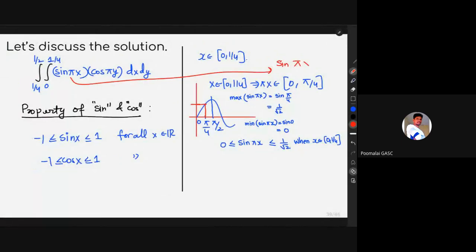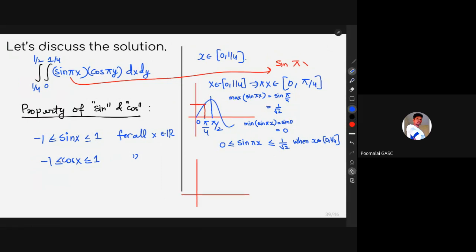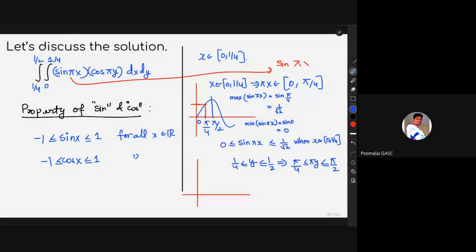So let me first draw the graph of the cos function. Now my y is varying from 1 by 4 to 1 by 2, which implies that pi y will vary from pi by 4 to pi by 2. So let me draw that first.